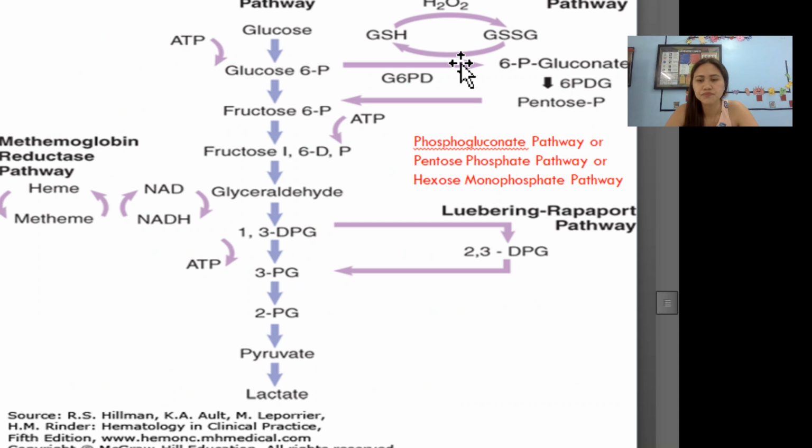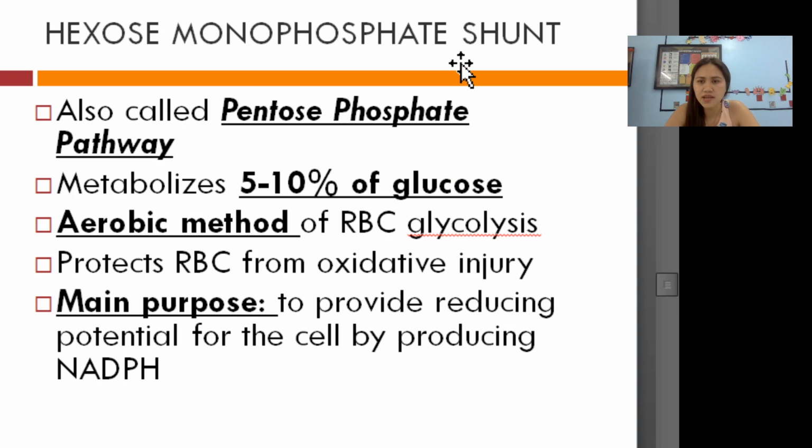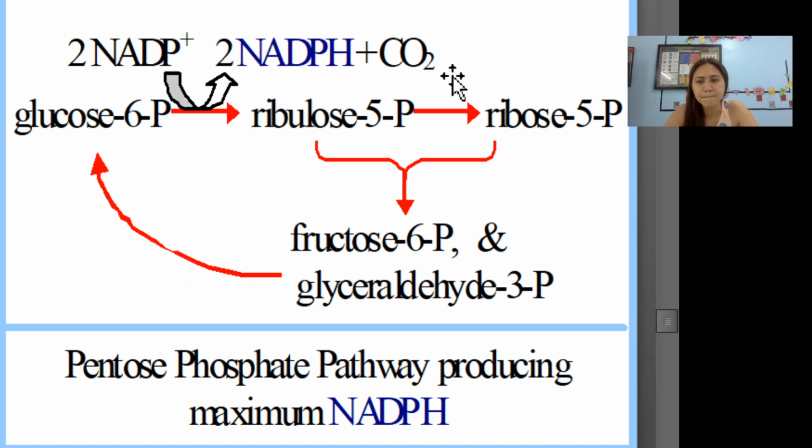So as you can see here, again, the main purpose of this pathway is to provide reducing potential for the cell by producing NADPH. So NADPH is produced, okay, so your NADP through your G6PD enzyme, your NADPH will be produced.